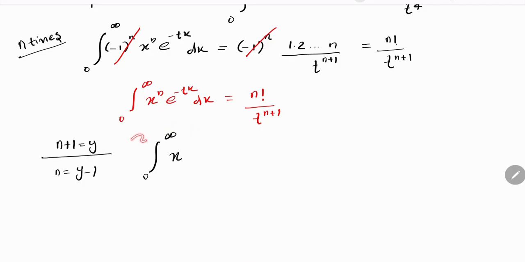Applying n plus 1 equal to y, n equal to y minus 1, this integral becomes the integral from 0 to infinity of x to the power y minus 1 e^(-tx) dx. What is n factorial? Here n equals y minus 1 factorial, divided by t to the power n plus 1, which is y.